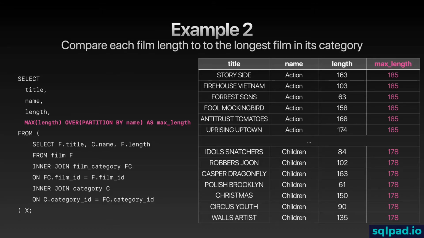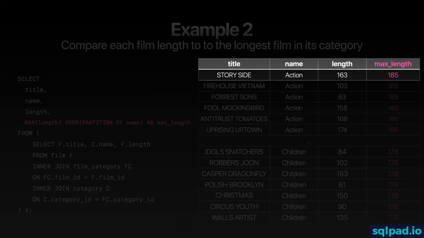So for example, for the first movie, its length is 163 minutes, and the maximum length of any action movie is 185 minutes. If I divide 163 by 185, I can get a sense of how long this specific movie is compared to other movies inside of the same category.